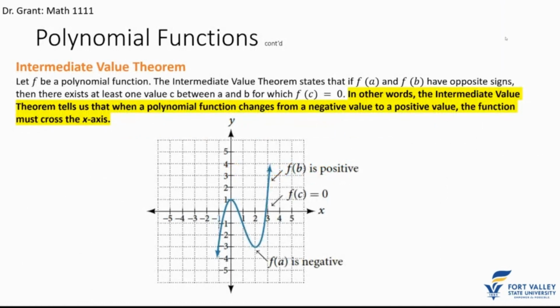So what the intermediate value theorem tells us is that if you do f of a, f of some value, and it's negative, so it's below the x-axis, and then you do f of another value and it's above the x-axis, or it's positive, that means there must be some x such that f of x is equal to 0.